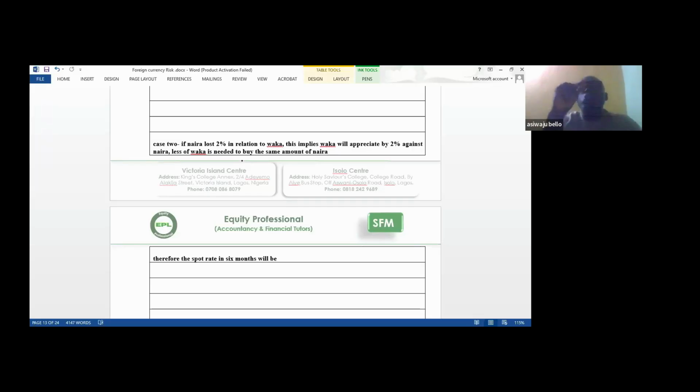Out of that 2.5, remove 2%. You are left with what?